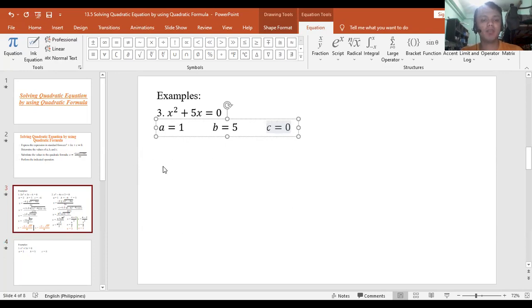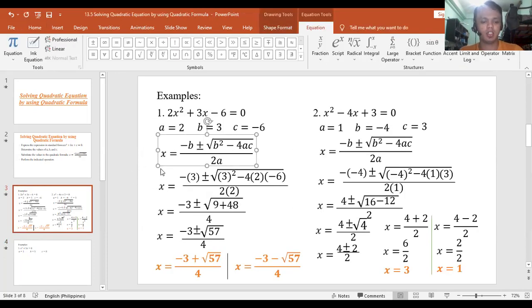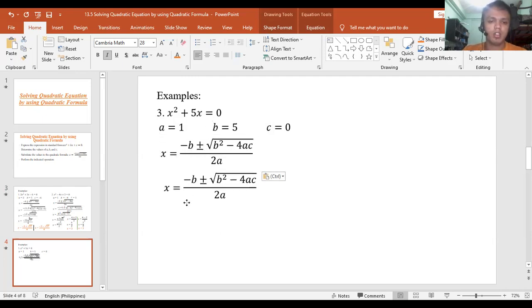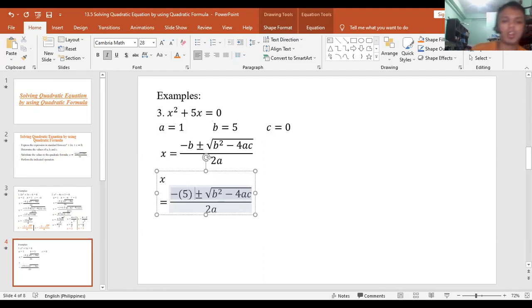Use this formula again. Okay, we can use the quadratic formula again. Substitute. What is your b? That is 5. Okay?